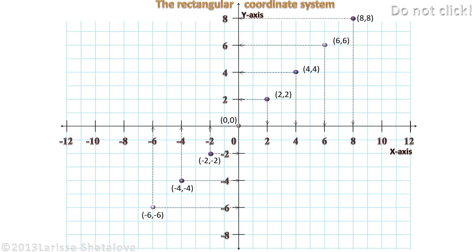Do you see the relation between the x coordinate and the y coordinate for each point? Each y equals x. If x is 4, y is 4. If x is negative 6, y is negative 6. Now you can see this as a linear equation in two variables because we have the x variable and the y variable.